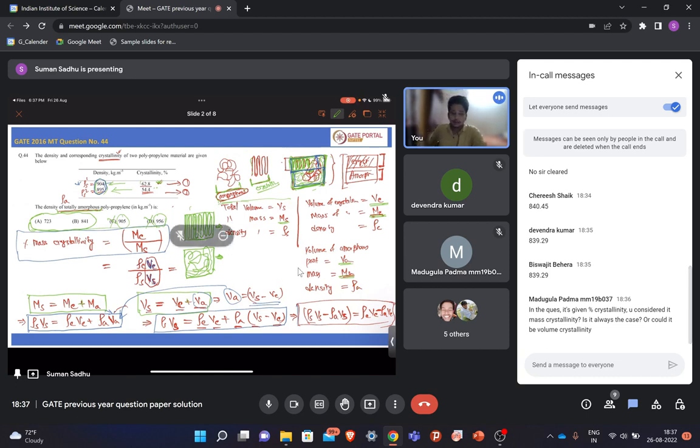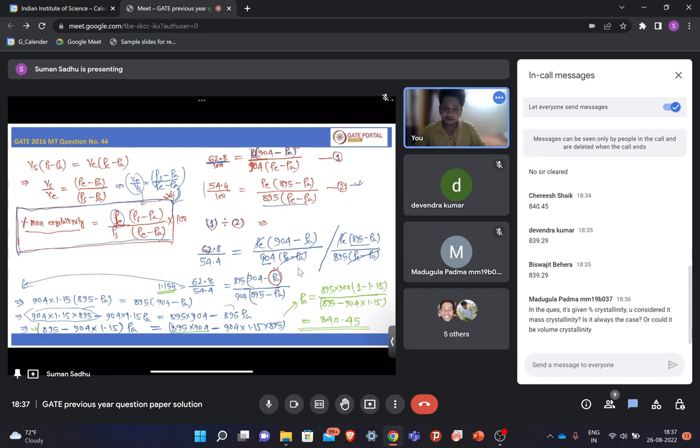But in another question, it may happen that the crystallinity percentage is given, and in place of density, the mass or the volume is given. But always the definition of crystallinity is the percentage in terms of the mass, that is the mass of the crystalline part divided by the mass of the total sample. That's why it is considered as mass crystallinity, and then we have derived this from that.